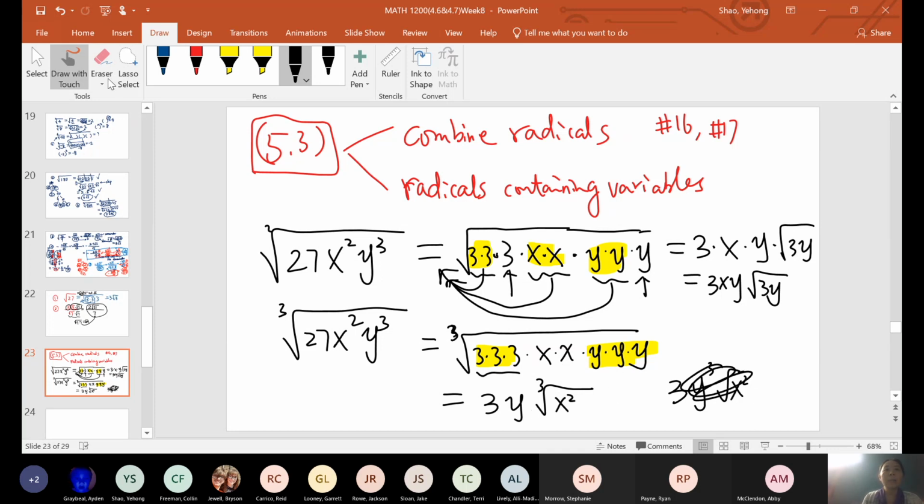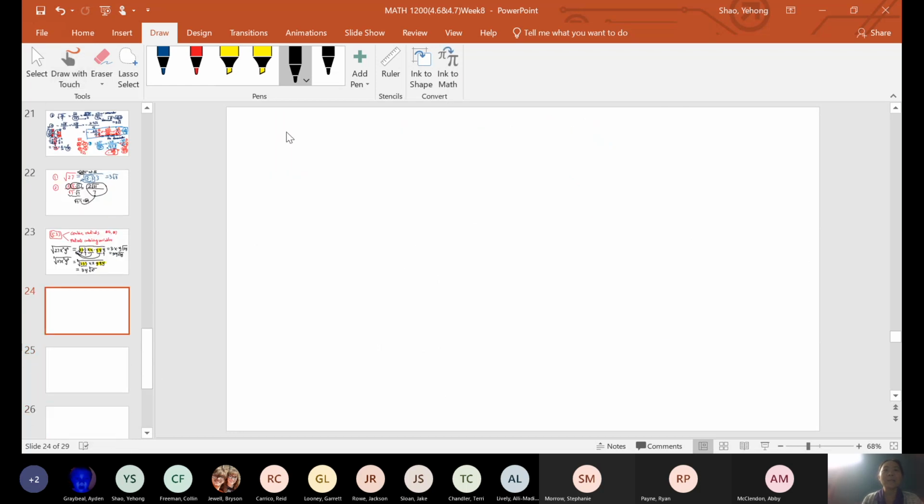Okay, all right, so now what if I have a very big exponent? In this example, the exponents I gave you are very small, 2, 3, 2, 3. So I could expand it as x times x, y times y times y. But what if I have x to the 20, y to the 30? If I do it this way, that's going to be very time consuming. So let's try to look at this again.